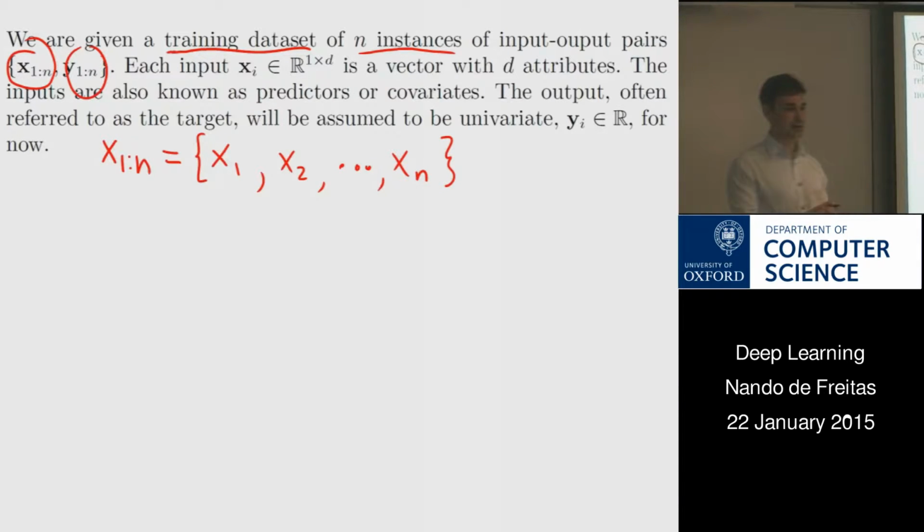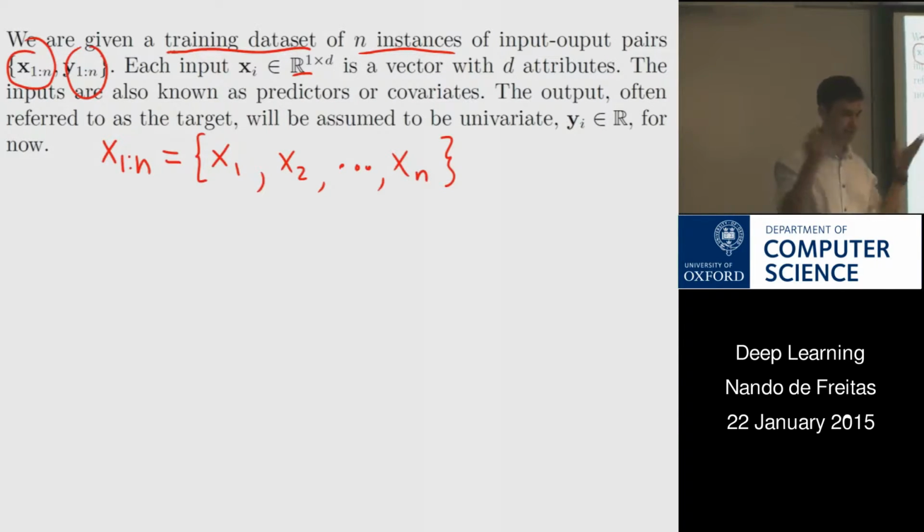It's just a shorthand notation for all the x's, indicating how many there are. Each of these x's could be, for example, a vector with components, and that's what I mean by this. Here, I just mean a vector of d numbers, and those d numbers happen to be real numbers. There could be other things: binary numbers indicating whether you prefer something or not, categorical variables and so on.